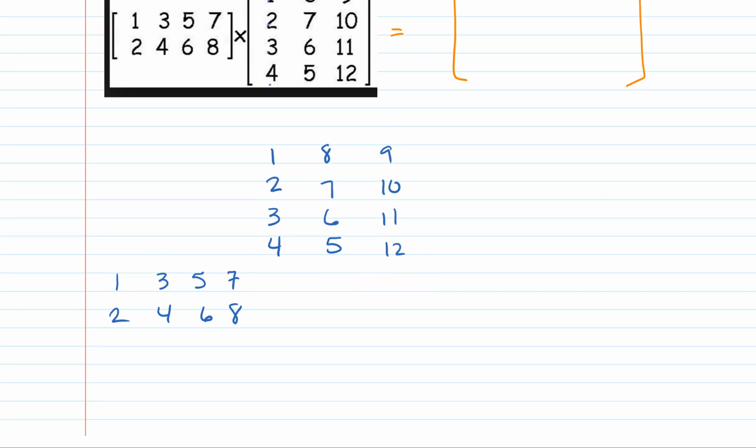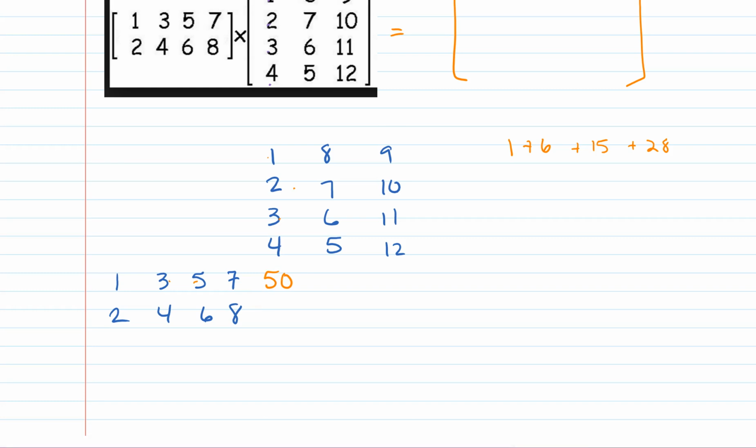Let's see. If I take 1 times 1, 3 times 2, 5 times 3, 7 times 4, and add that together, I get 50. See how it fits really nicely right there?